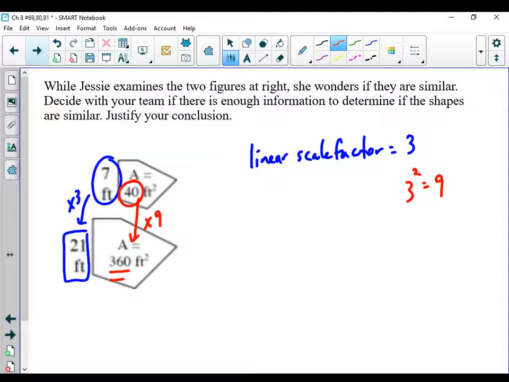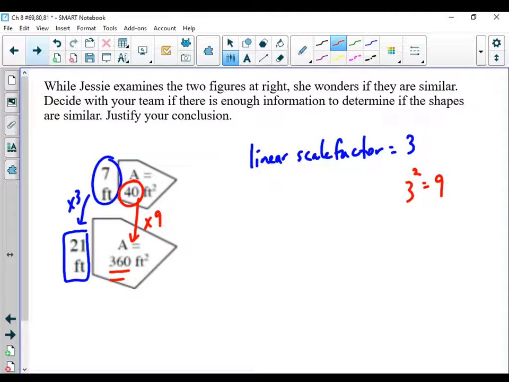So at first glance, it looks like these two things are similar to one another. However, do we really know that based on just the information that I have? Well, the answer is no. We might be close because we do have these two facts, but we need to know about some of these other sides, or maybe about those angles.